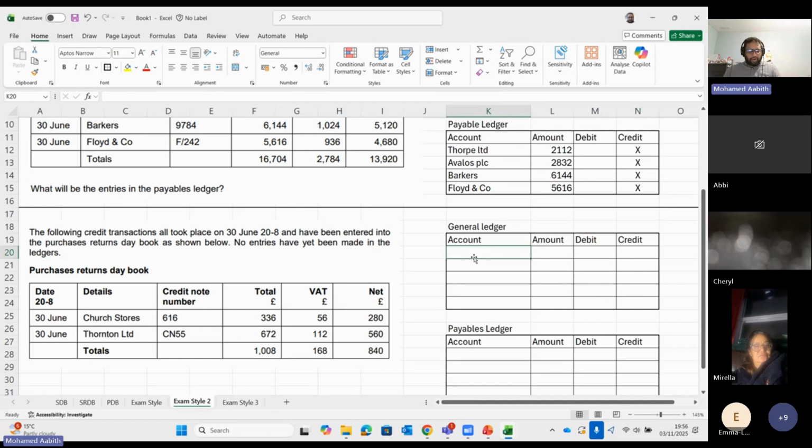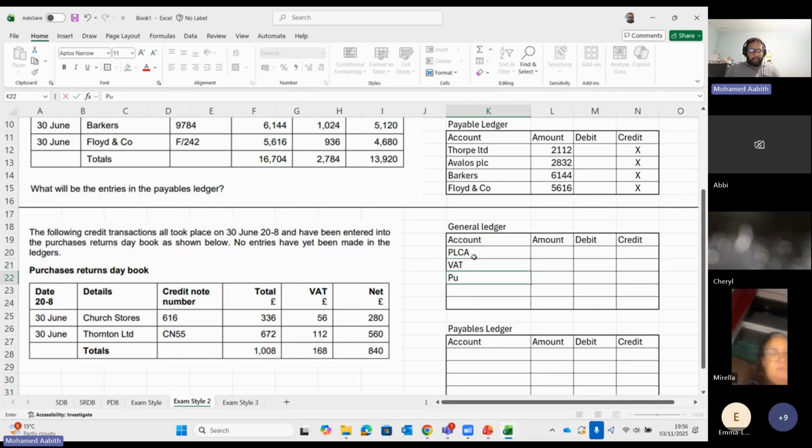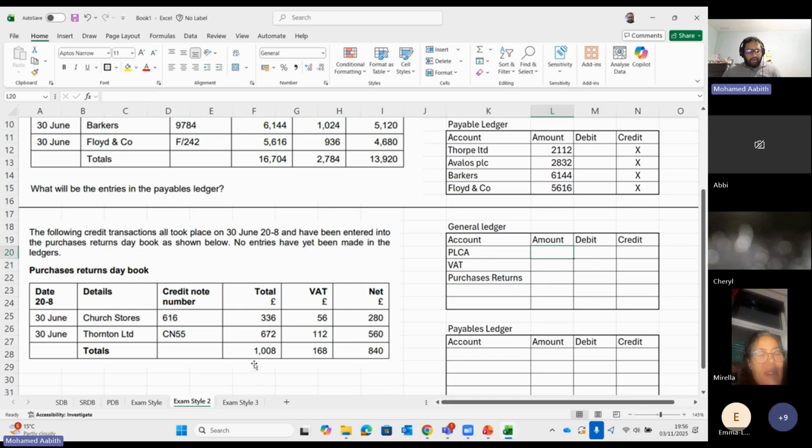This one we're going to do again: PLCA, VAT, and then purchases returns. So the amounts we have here: 1008, then we have 168, 840.